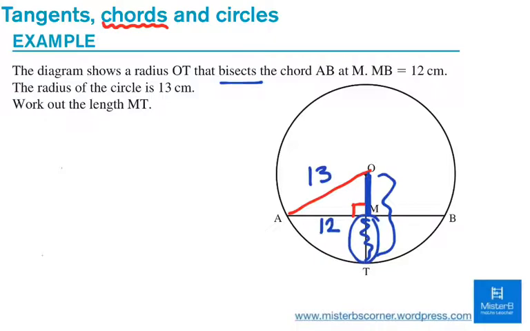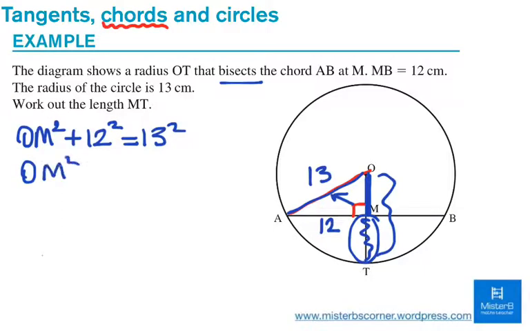So, I go OM squared plus 12 squared equals 13 squared, as opposite to the right angle is the hypotenuse, right? So I go OM squared plus 144 equals 169.